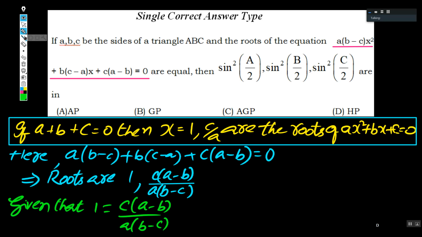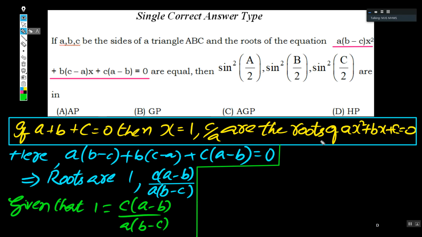Come on, anyone? Simplify this and tell me. What happens if you simplify this? Anyone? Respond, please. If you simplify this, ab minus ac is equal to ac minus ab... They are in HP. Check it out, please.